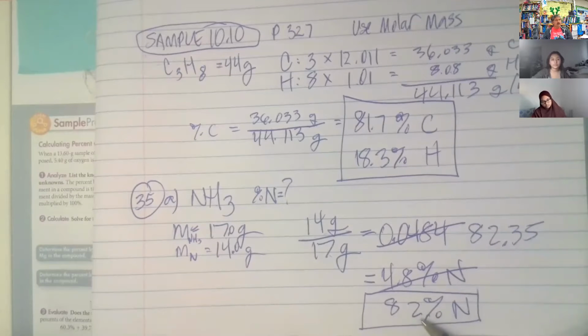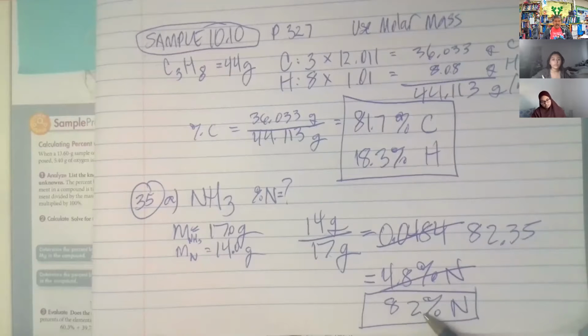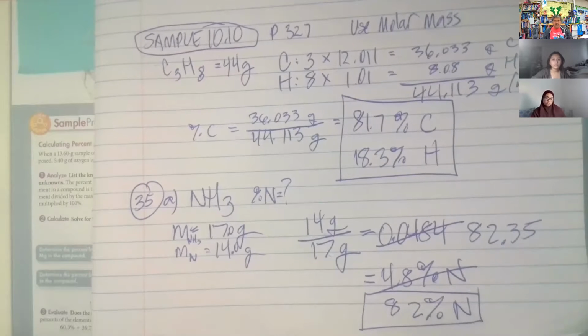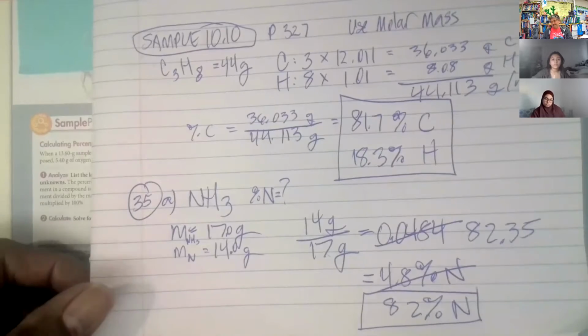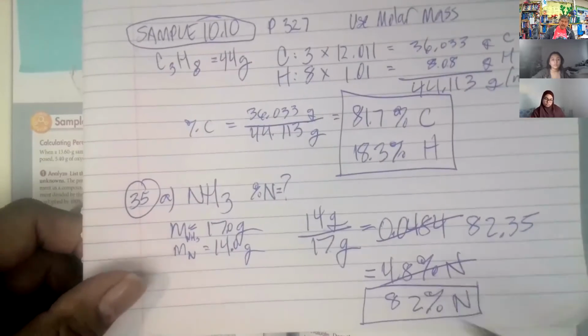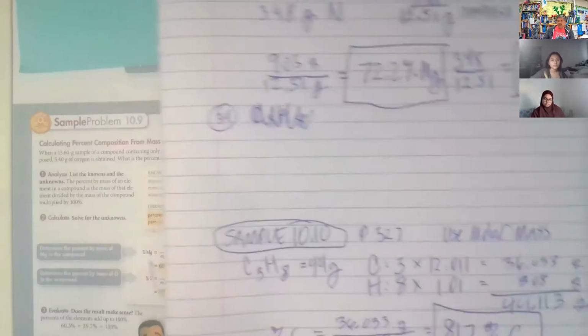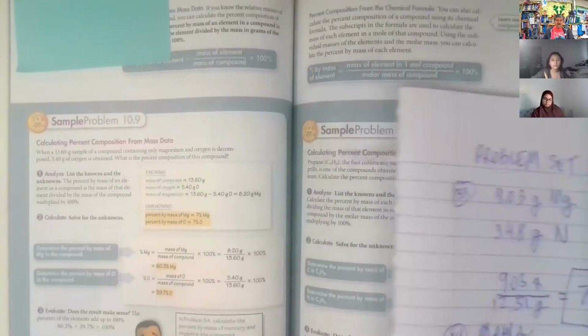Practically speaking, you would need a really good piece of equipment to get to that degree of accuracy. So I'm calling it 82. 82.4 is also an acceptable answer.